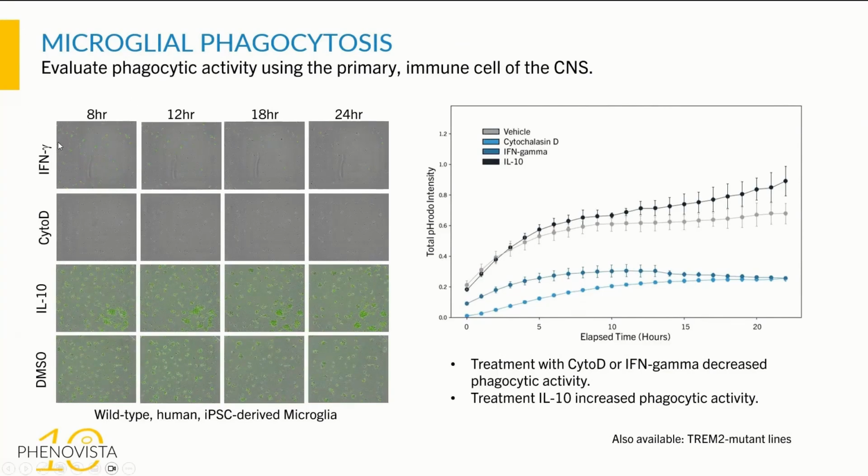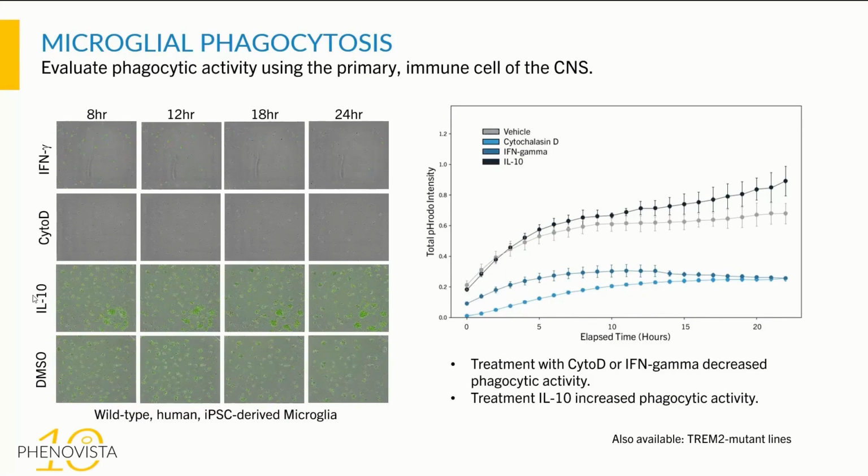Down the side here, you'll have the different control compounds that we include in this assay. So you'll see that interferon gamma and cytochalasin D are very good at inhibiting this phagocytosis activity, whereas IL-10 increases it relative to vehicle control. And as I mentioned, we also have available some TREM2 mutants.